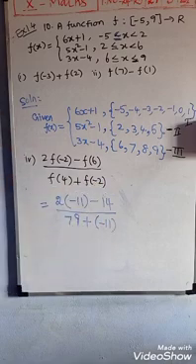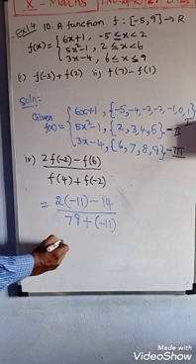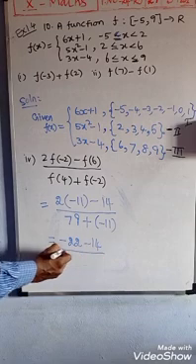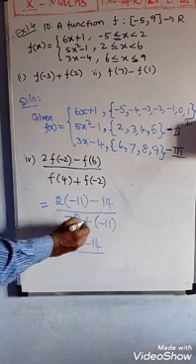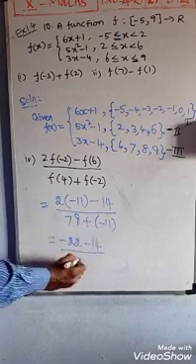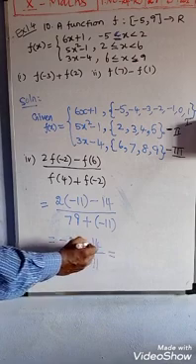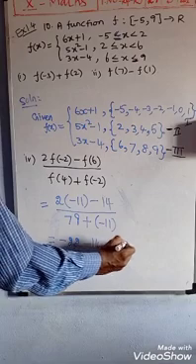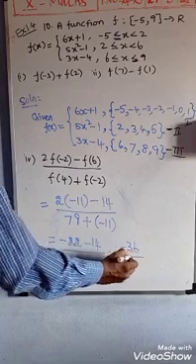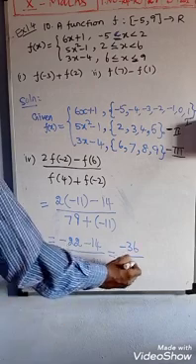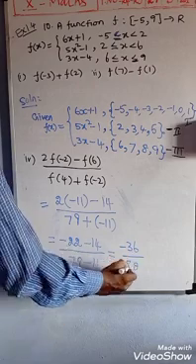First multiply: 2 times 11 is minus 22, minus 14, divided by 79 minus 11. Simplifying, minus 22 minus 14 gives minus 36, divided by 79 minus 11, which is 68.